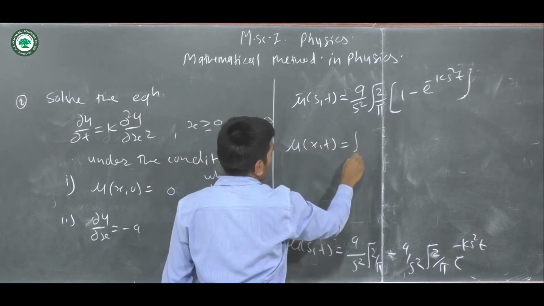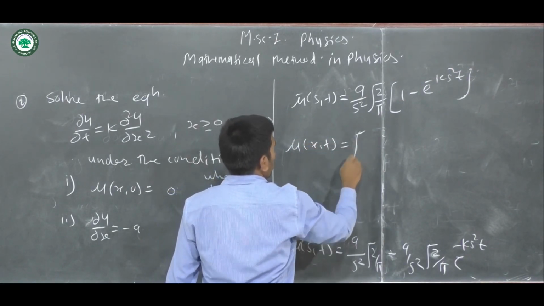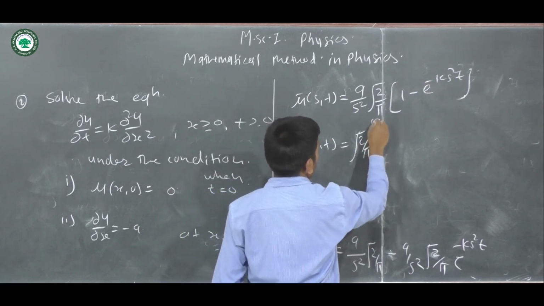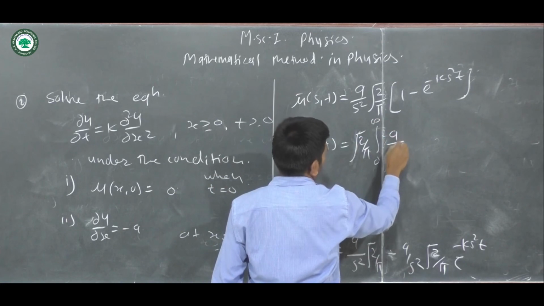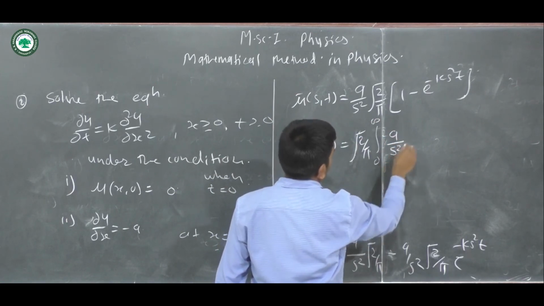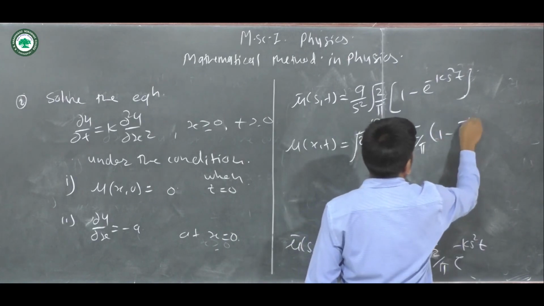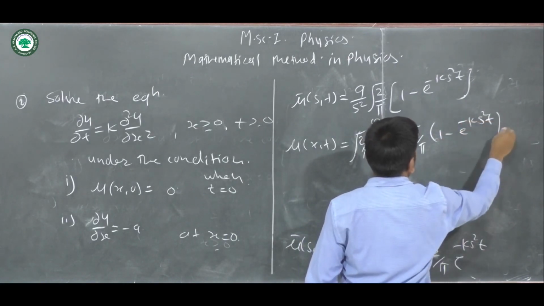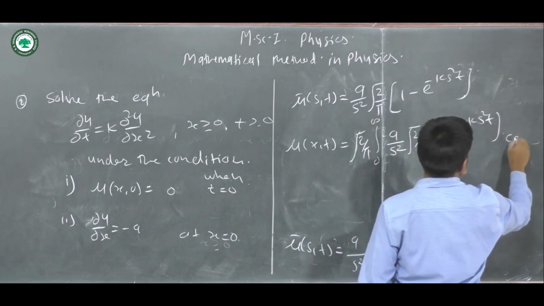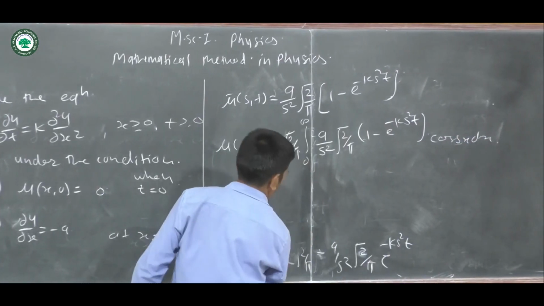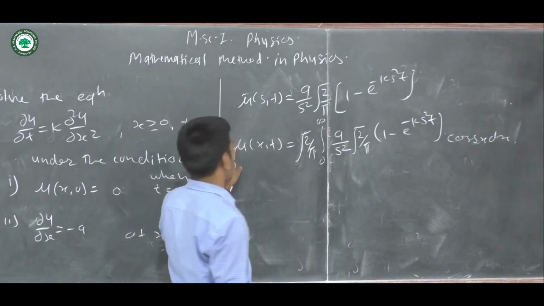Okay, so this is u bar, but we want u, that is a function of x and t, which is equal to under root 2 over pi integration from 0 to infinity of a divided by s square under root 2 over pi, 1 minus e raised to minus k s square t, into cos sx ds. Okay, this is from the inversion theorem.